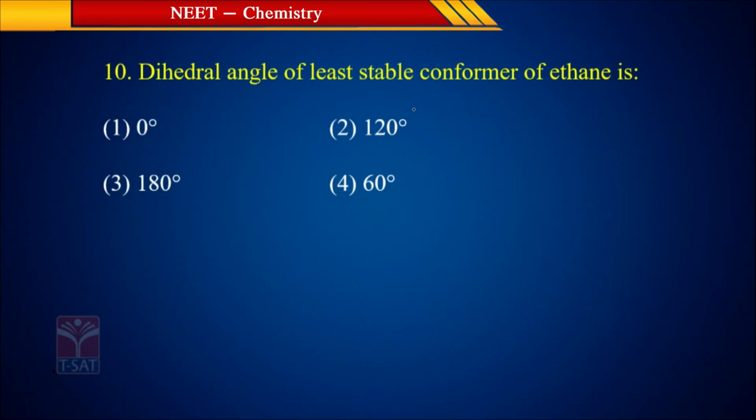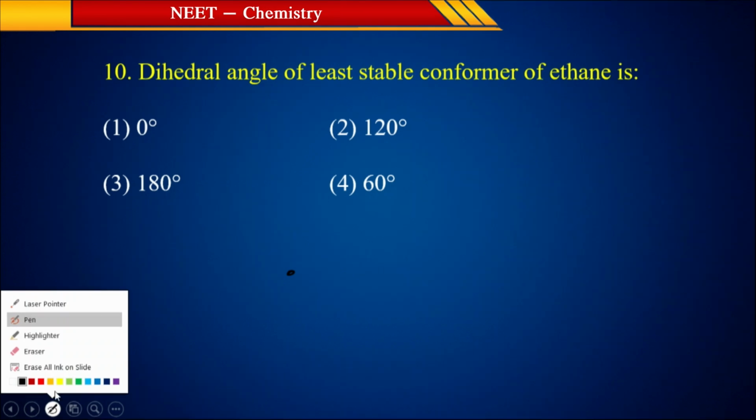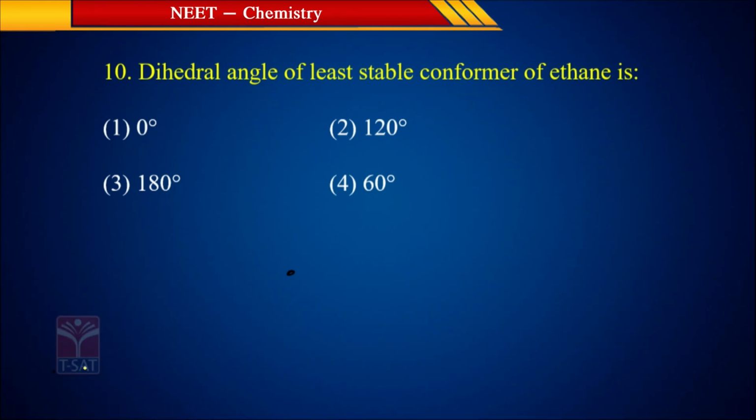Dihedral angle in the least stable conformation of ethane. Least stable conformation of ethane is what? Eclipsed conformation is least stable, right?